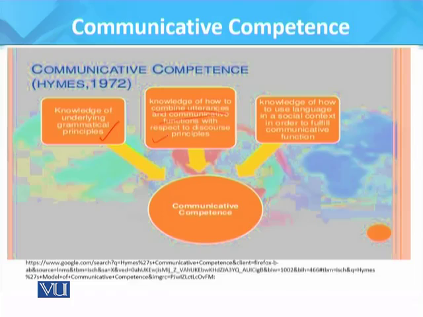Now that is not only the understanding but combining or creating the utterances in terms of your knowledge of the situation in which they are going to be used, and the discourse in terms of how the data will be interpreted, how that data will be used for communication purposes. And the third is knowledge of how to use language in a social context in order to fulfill communicative function. So here you have the creating or generating of that information and knowing how to use that. And here you are actually using it to fulfill the communicative function.